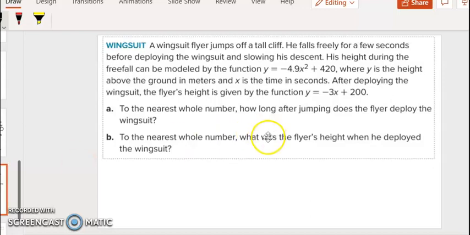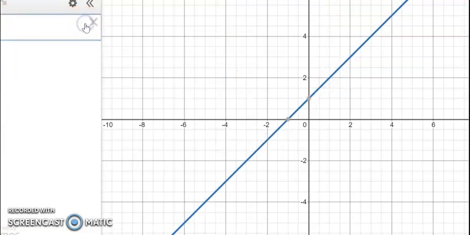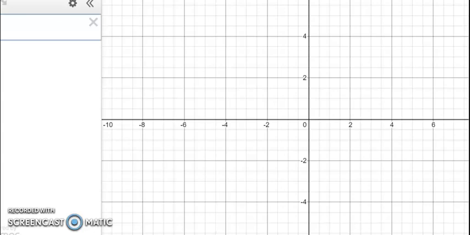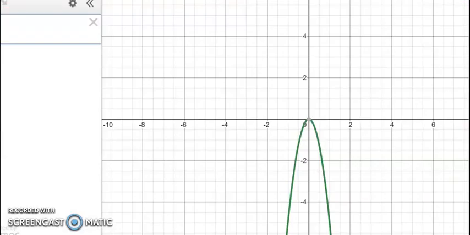All right, so it says here we have the height. Somebody's jumped off a tall cliff, and we have this equation. So we're going to put this in. Negative 4.9 x squared plus 420.